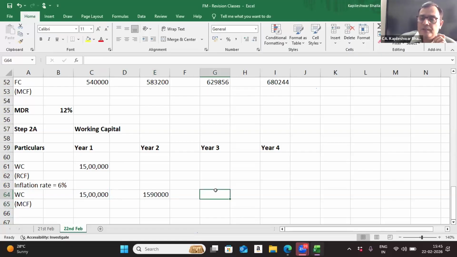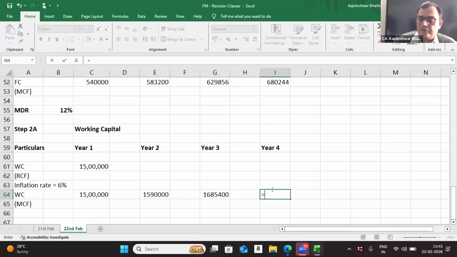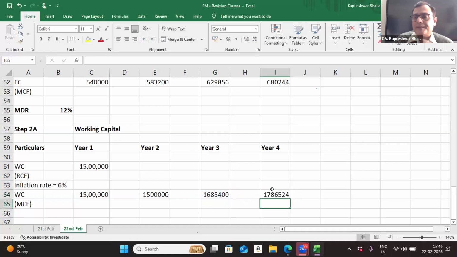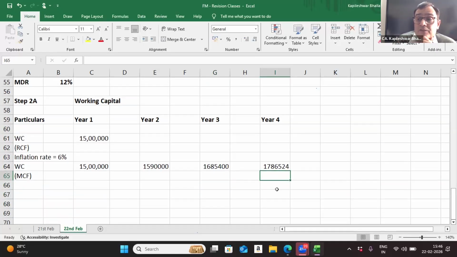Then let's see the other figure. You can again take 1590 as a base into 1.06 raised to power 1. And then again, this is going to be the previous year figure into 1.06 raised to power 1. Okay, so I think this gives me the answer.